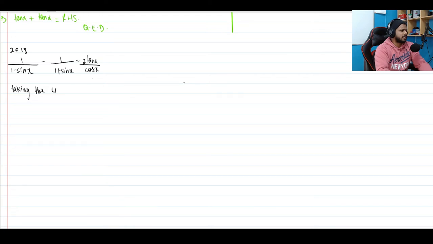Taking the left hand side, 1 over 1 minus sine x minus 1 over 1 plus sine x. Now, I think in one of the videos on my channel, I showed the shortcut for adding or subtracting any two fractions.